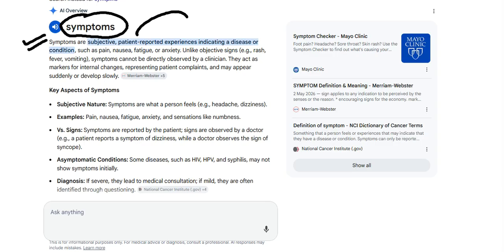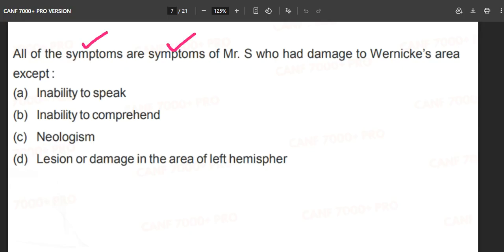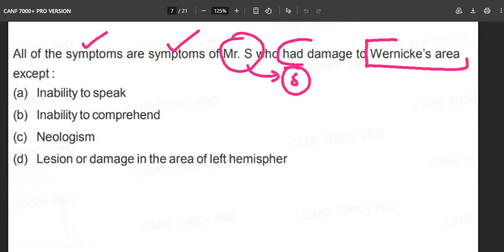The patient is going to report this experience, and this is just a basic general assumption. It has no relation with your clinical psychology right now, but this is just basic general knowledge. Now over here, all of the symptoms are symptoms of Mr. S who had damage to Wernicke's area except.